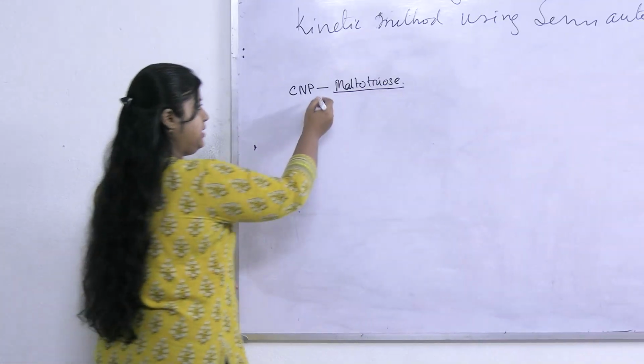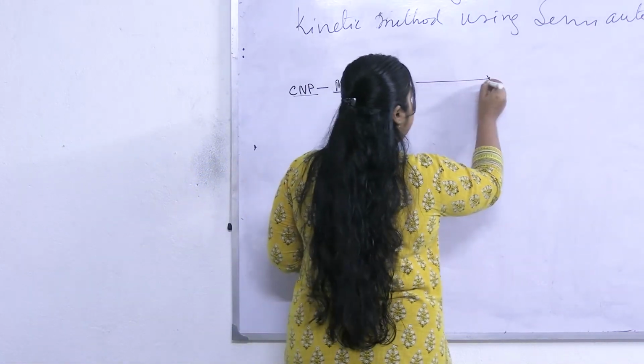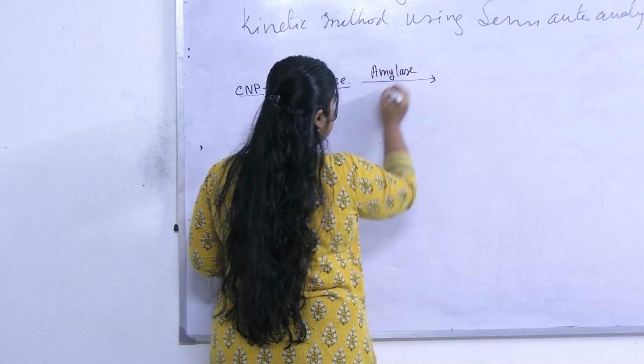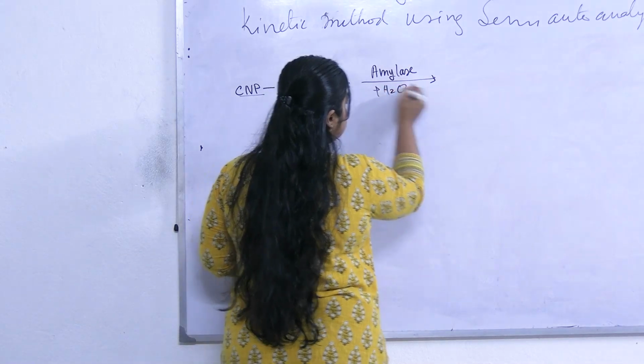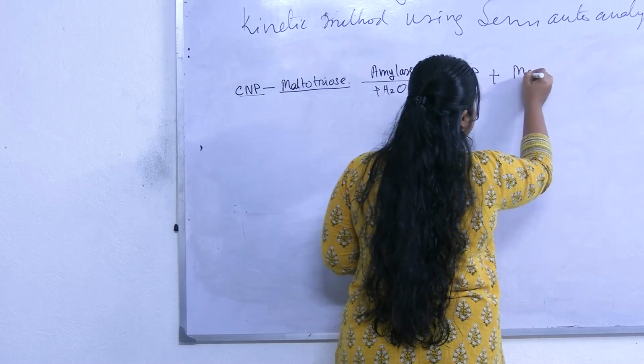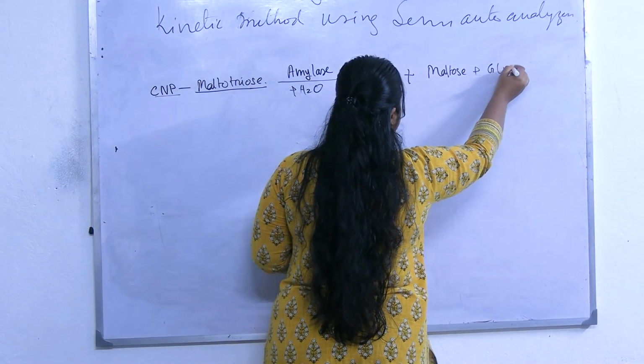This is the glycoside, chloronitrophenol glycoside. This will be converted into chloronitrophenol and maltose plus glucose.